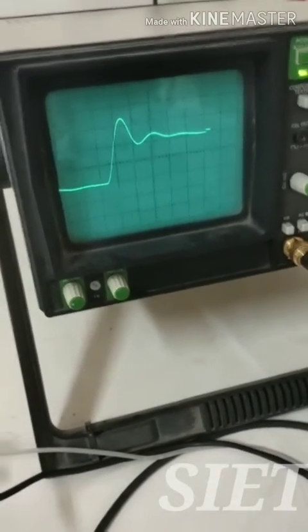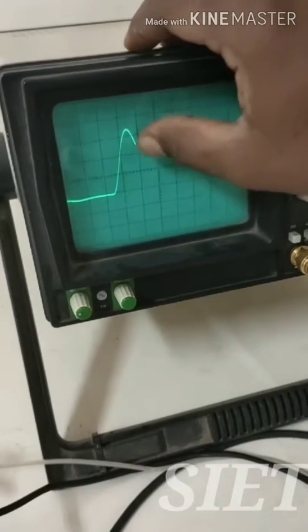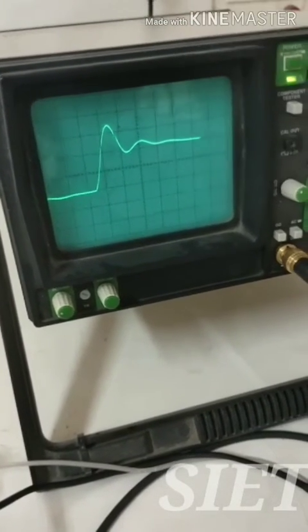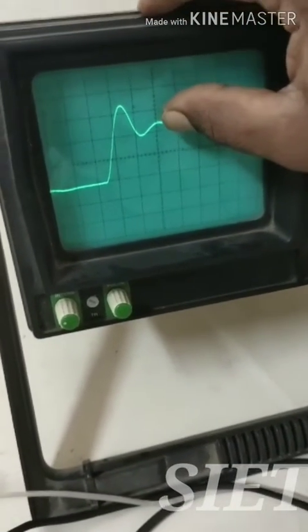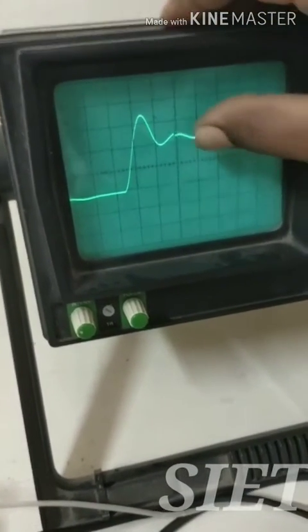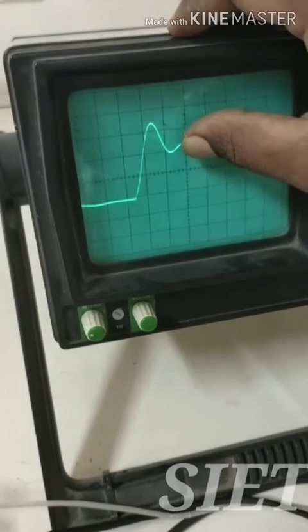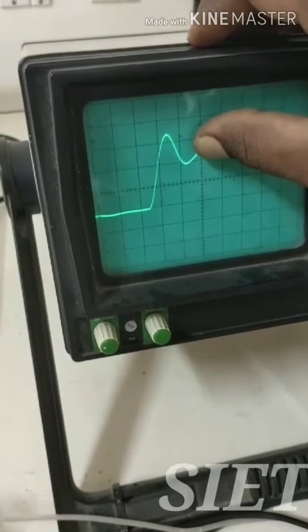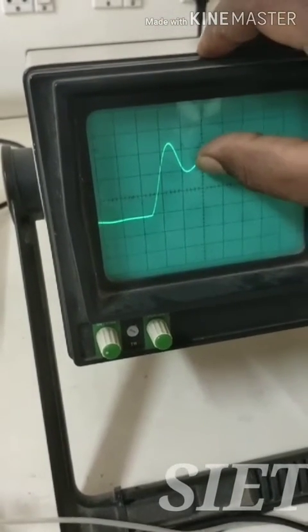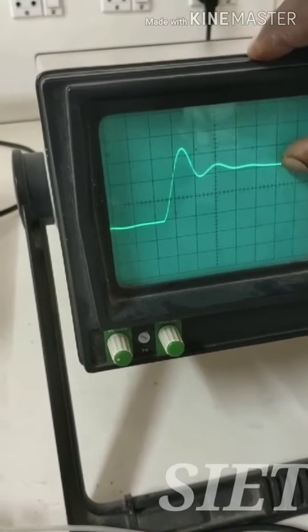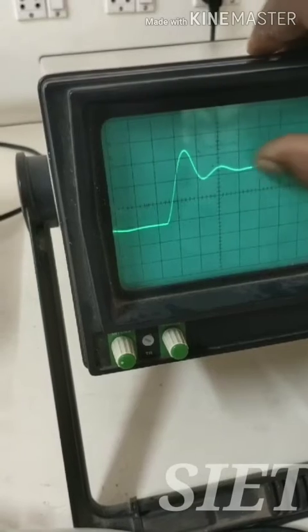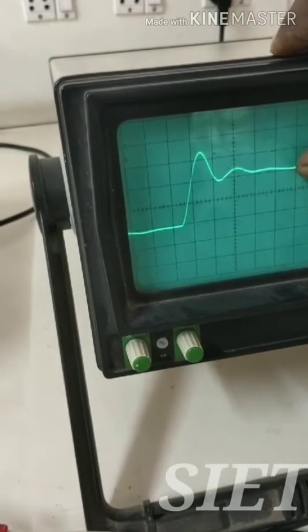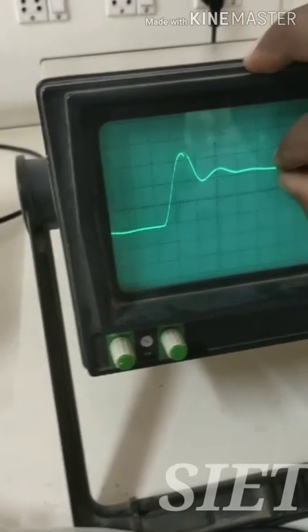So after noting the maximum peak, then note the steady state error. How to take it? See, the steady state error is the difference between the final output and the desired output. This is the final output. This is the desired output. So this difference we note as the steady state error.